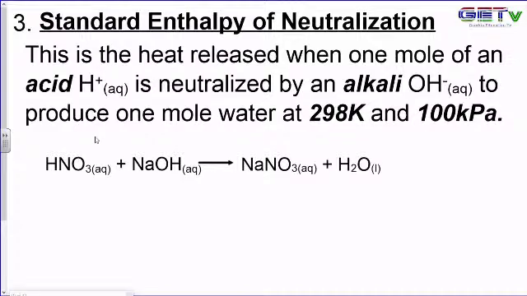So the heat released when 1 mole of this acid, that is HNO3, reacted with 1 mole of sodium hydroxide to form the 1 mole of water is what is termed as standard enthalpy of neutralization, but it must be at standard conditions at 298 Kelvin and 100 kilopascal.